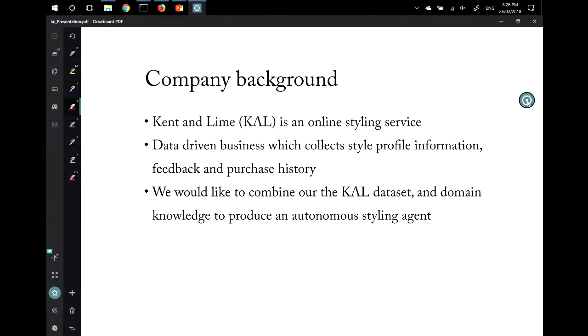If you don't like it, you just return it, and you don't need to pay anything. But if you like it, you just pay.